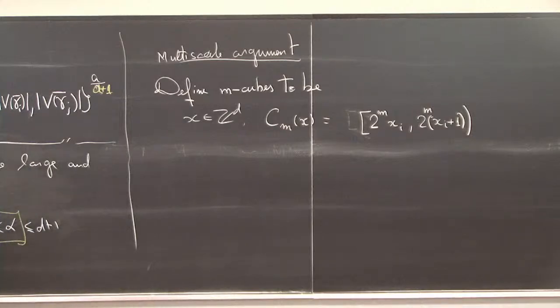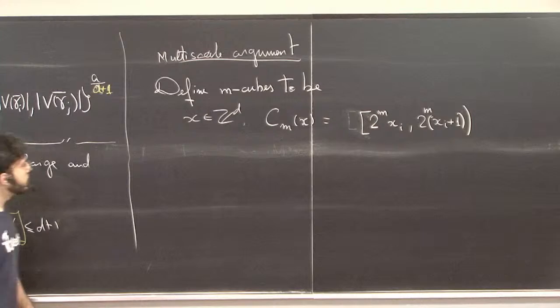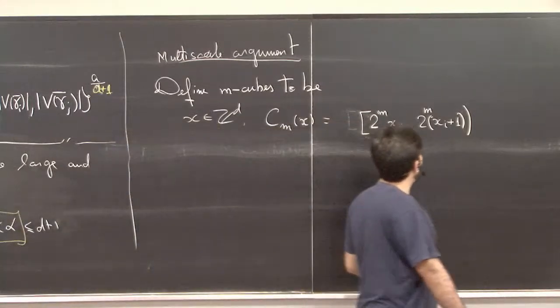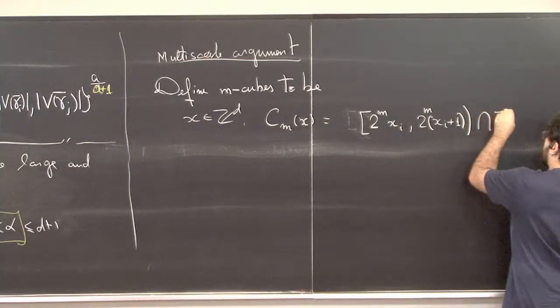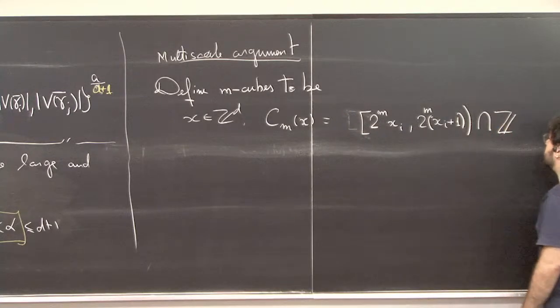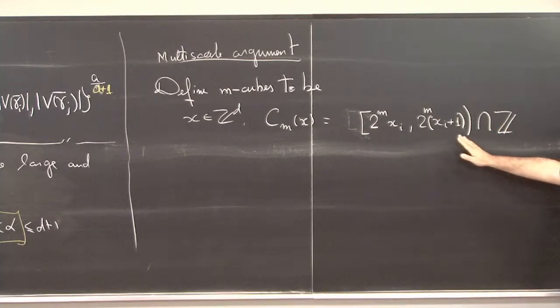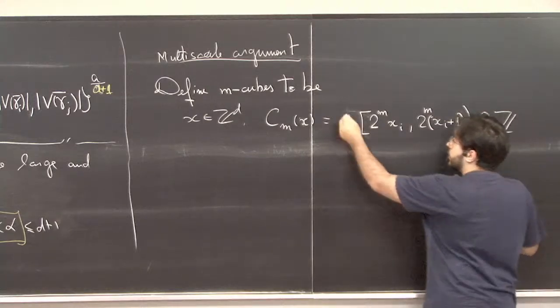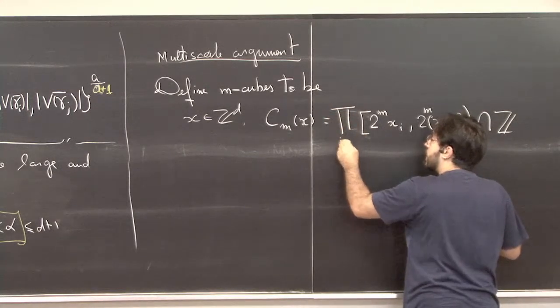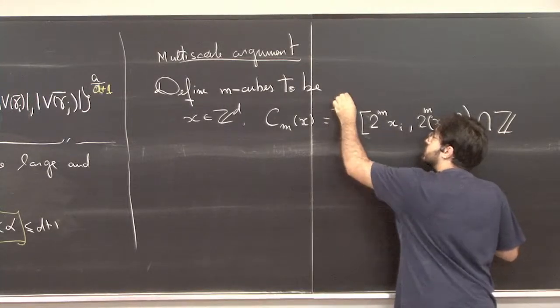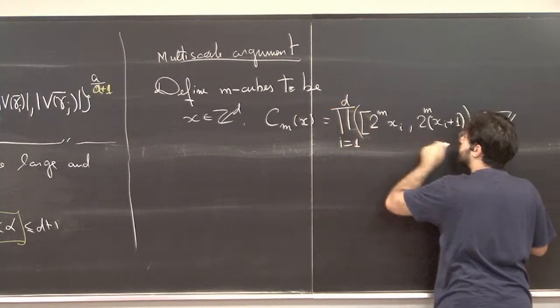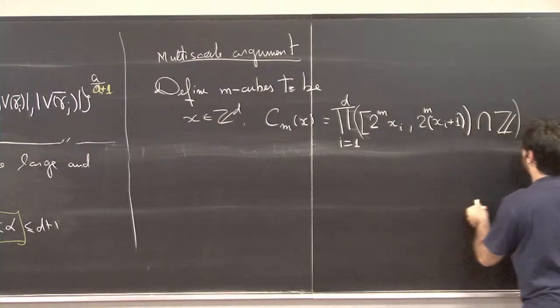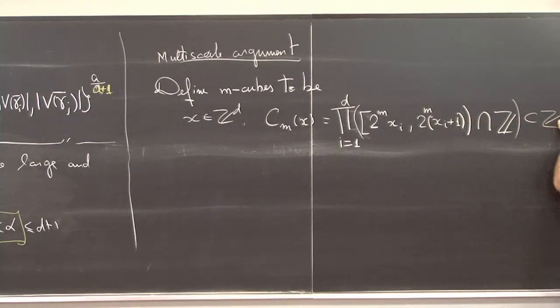Of course, this is an interval of the real line, so we only take the integer points in this interval, and then we take the product over 1 to d. So this is now a subset of Z^d.